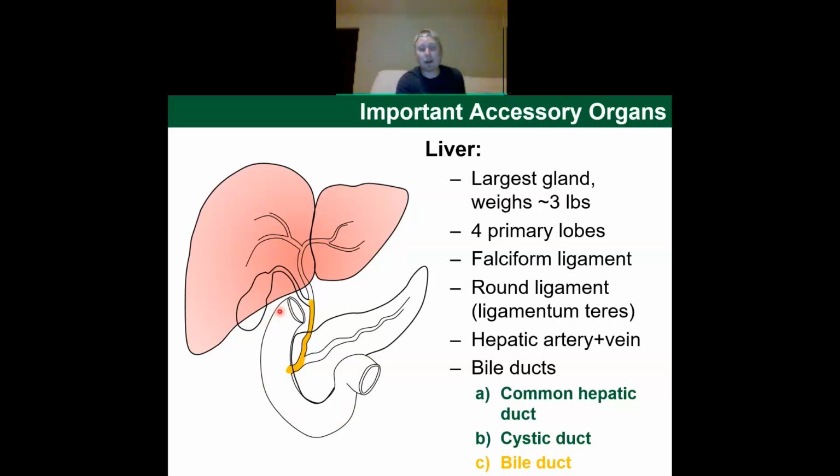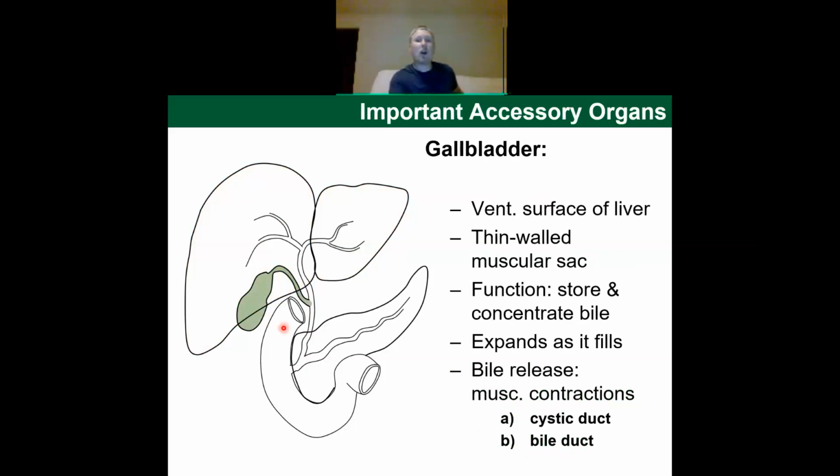If you have your gallbladder taken away, you really shouldn't be eating fatty foods because it's going to give you the runs. You don't really end up breaking down the fat. So really, the gallbladder's main function is the storage and concentration of the bile. That's the main function of the gallbladder that I want you to know.